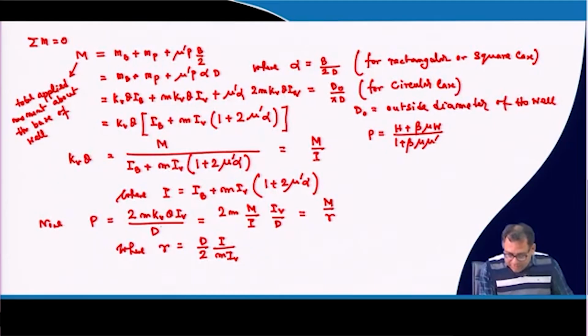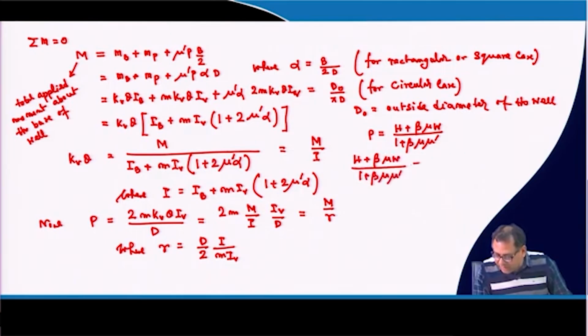Okay. So, that we can equate with this equation. So, we can write H plus beta mu w over 1 plus beta mu s, that will be equal to M by r.